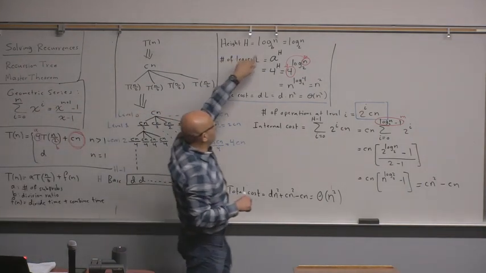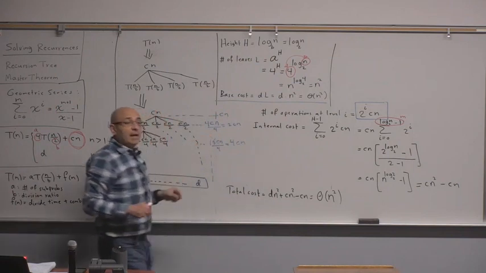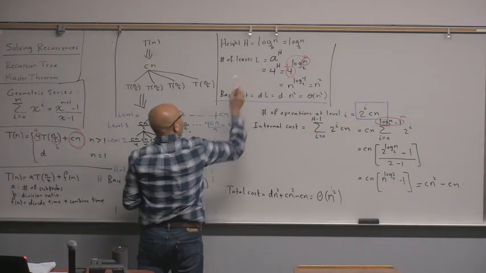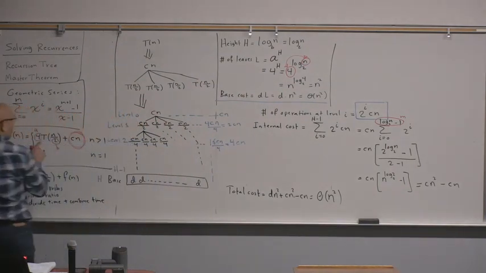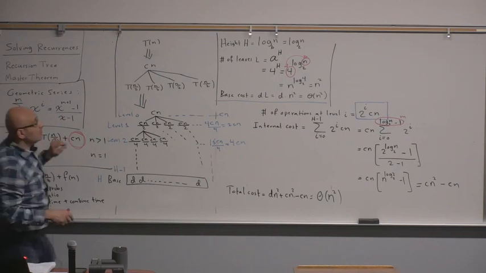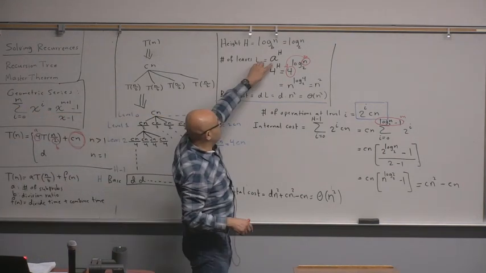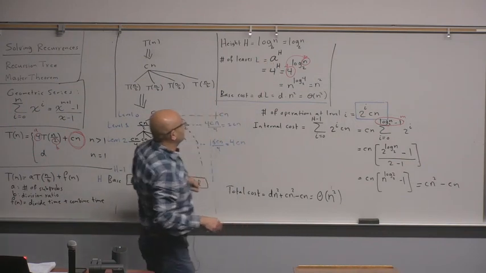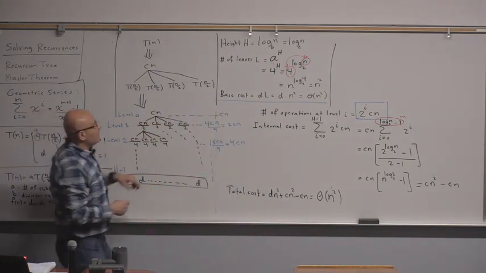So it's log n base 2. Then we calculate the number of leaves. The number of leaves is the branching factor, or the number of subproblems, which is a. In this example, it's 4. So it's 4 power h, the height. So it's 4 power h.